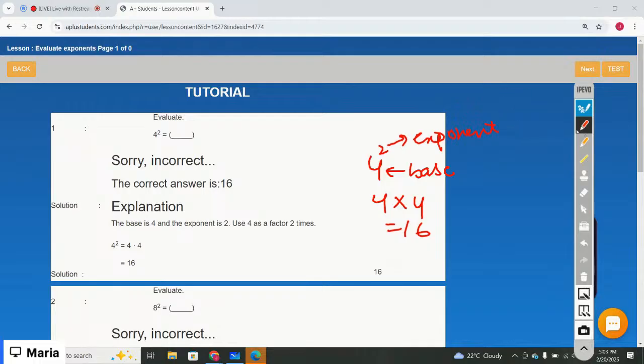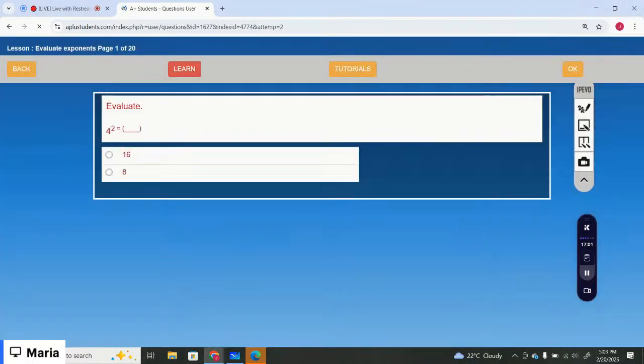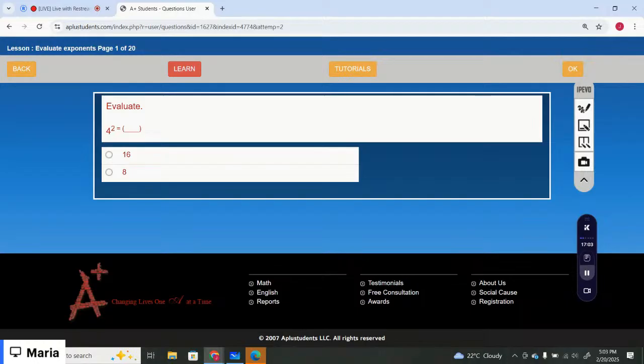Let's just start with the test questions. So you multiply the base exponent times, right? So evaluate 4 square, which is the correct option.